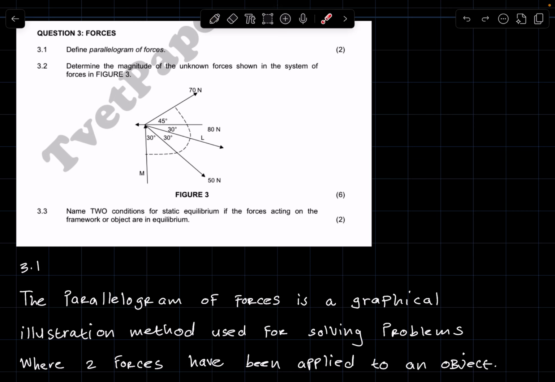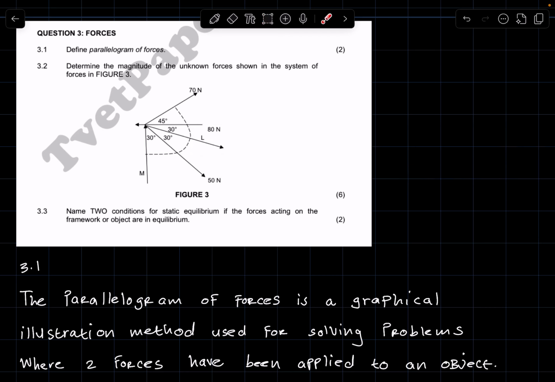The reason I'm going to redraw them is because we have two vectors that are pointing towards the point of intersection, the point where all of these forces coincide. If you don't know what this term means, look it up, but that is how you spell it.